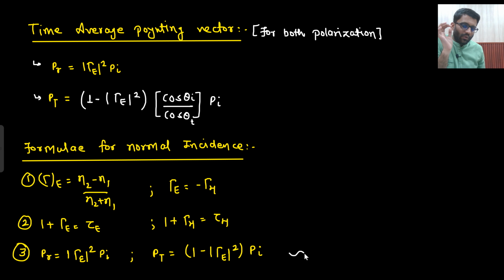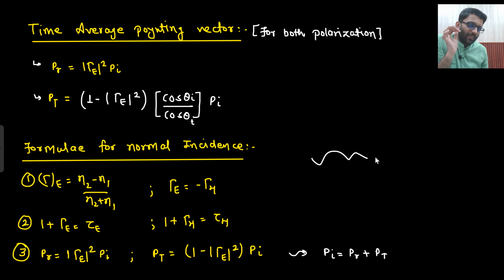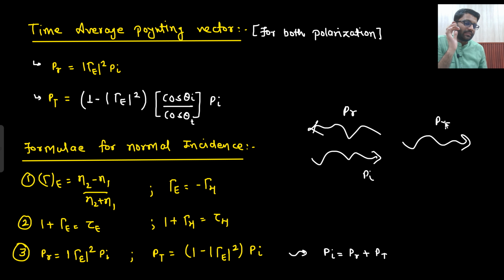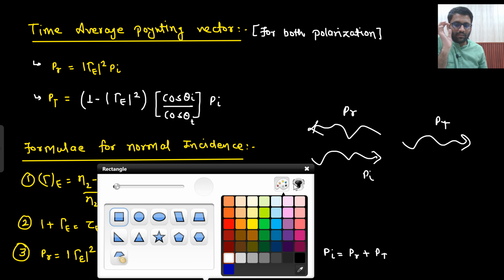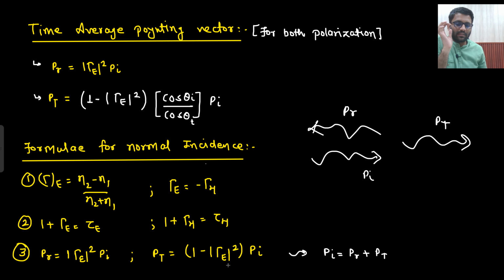Now in the case of normal incidence, Pi was equal to P reflected plus P transmitted. Basically, whatever power is coming, some will be reflected back and some will be transmitted. This would be Pi, this would be PR, and this would be PT, where T stands for transmitted. So this was the case for normal incidence, right? But this is not the case in oblique incidence.